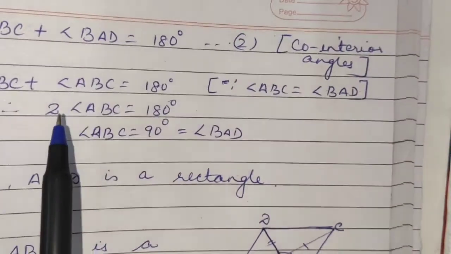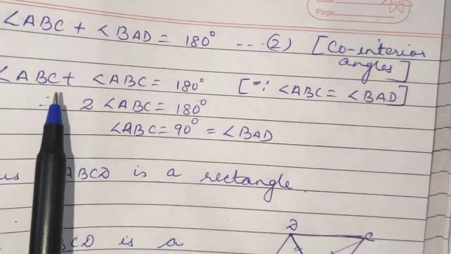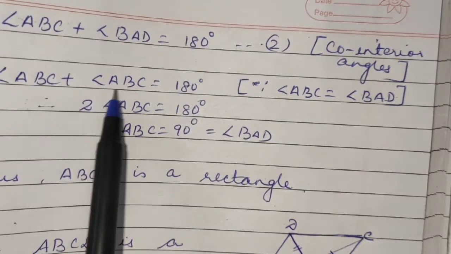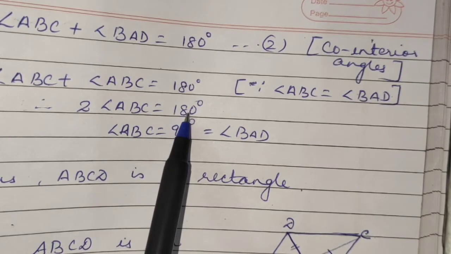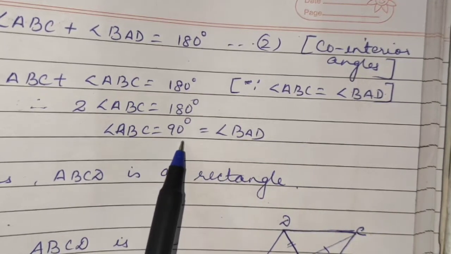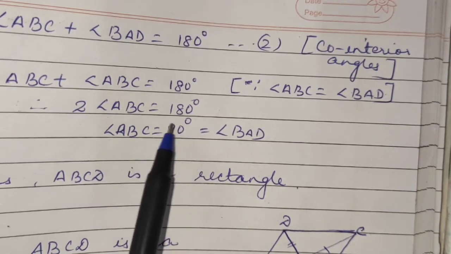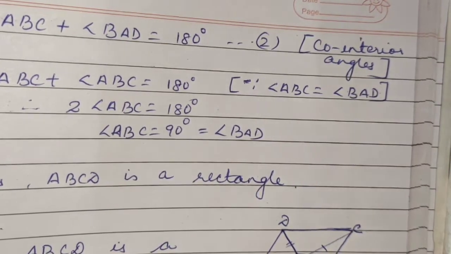Therefore, angle ABC plus angle ABC equals 180 degrees, or twice angle ABC equals 180 degrees. So, angle ABC or angle BAD equals 90 degrees. When one of the angles is equal to 90 degrees, therefore ABCD is a rectangle.